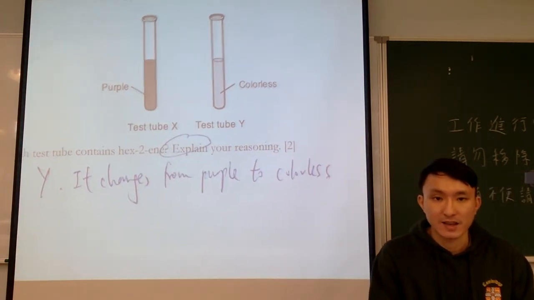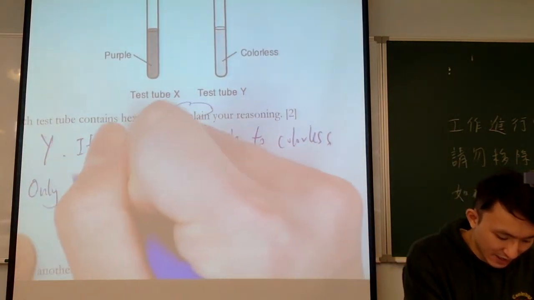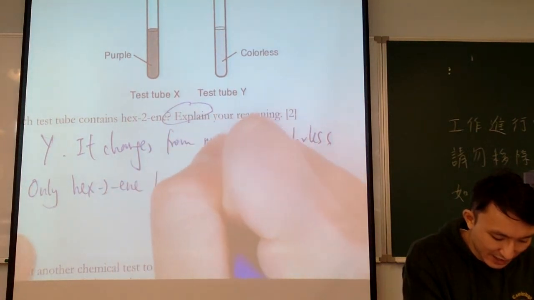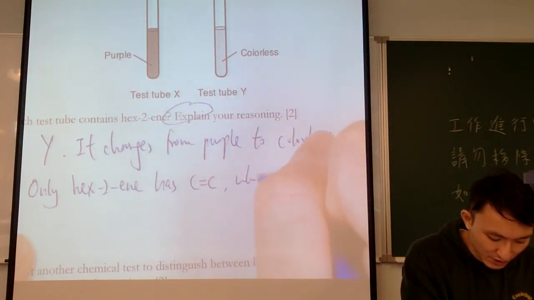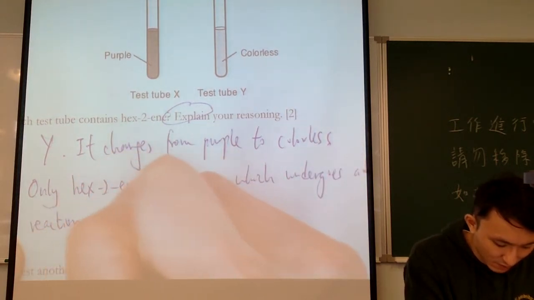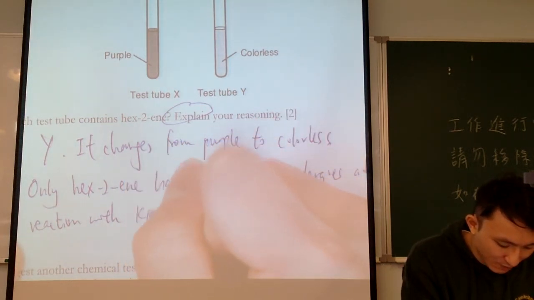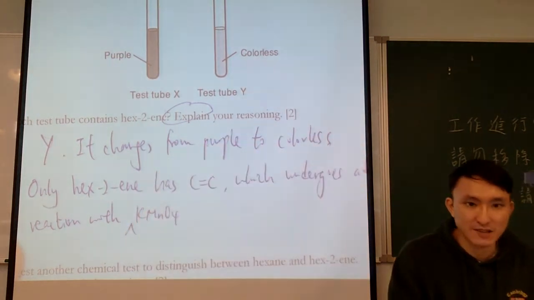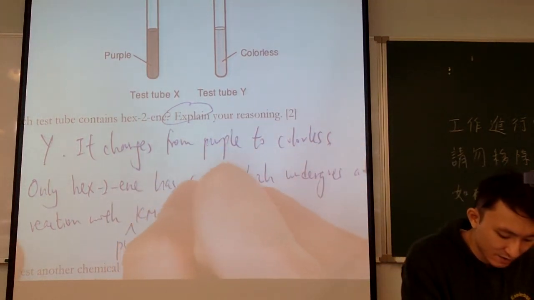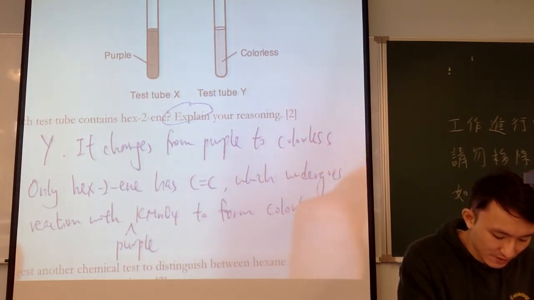Okay, so we'll explain with reference to the reaction that has taken place. So we will say only hex-2-ene has a CC double bond, which undergoes addition reaction with the KMnO4, but it would be best if you also talk about the color, to form colorless products.